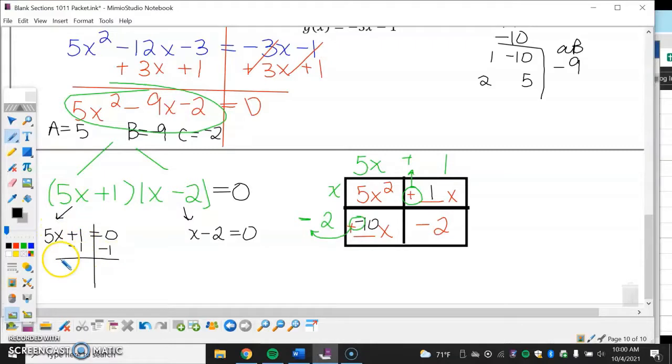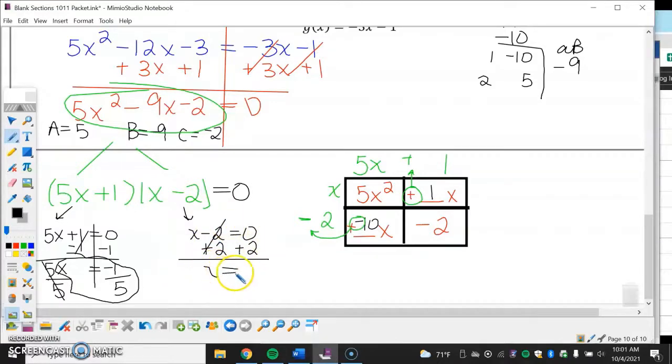I could subtract 1. That gives me 5x equals negative 1. What else do I need to do to get x alone? Divide by 5. And the x value would be negative 1/5. Over here, what do I need to do to get x alone? I could add 2 to both sides, and the x value would equal 2. Now, let's look back at what the question was asking.